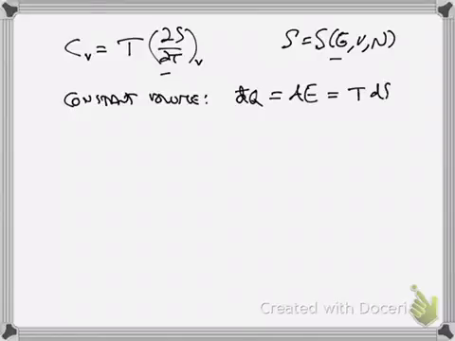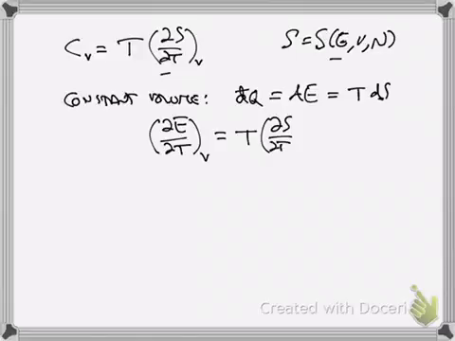So I can consider my changes all happening with respect to temperature at constant volume, and then partial E partial T at constant volume is going to equal T partial S partial T at constant volume, which means this is Cv.